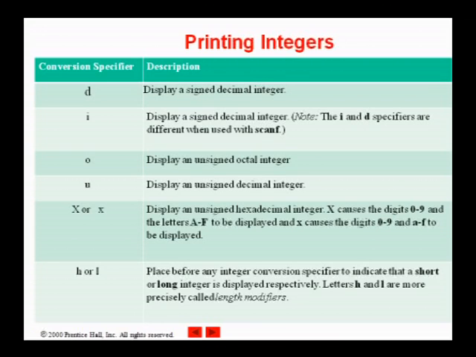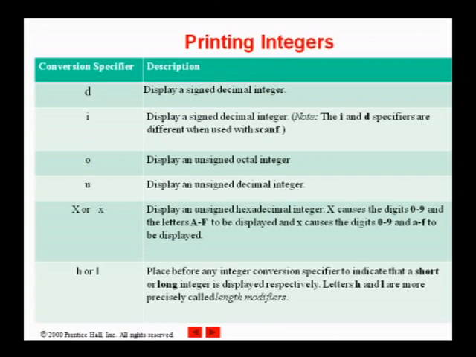Percentage o displays an unsigned octal integer. Base 8 is octal, so 0 to 7 you can use in octal, maximum octal numbers. Percentage u displays an unsigned decimal integer, only positive decimal integers.